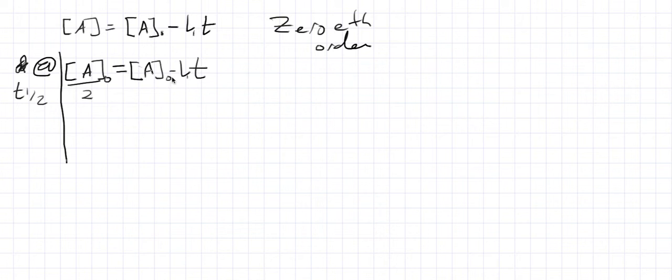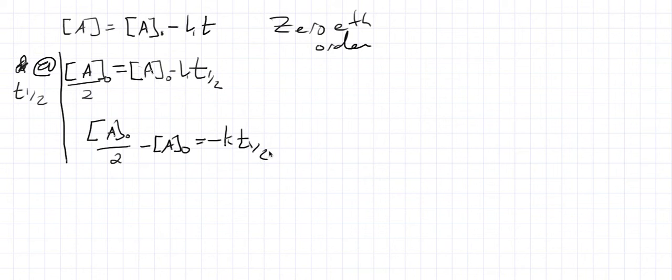So in this case, we've got this expression, but when we try to solve it for T1/2, we get A0/2 minus A0 is equal to minus k T1/2, this is at T1/2, of course. And we can factor out A0, and we multiply through by -1, and this is just going to be 1 minus a half, A0, equals k times T1/2.